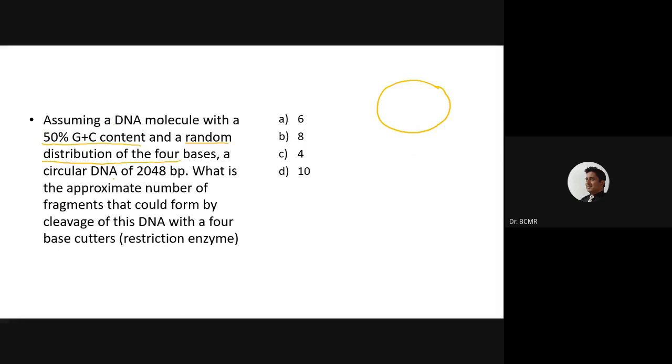A circular DNA of 2048 base pairs. What is the approximate number of fragments that could form by cleavage of this DNA with a 4-base cutter? I didn't mention any sequence, so it should be all right to do that.